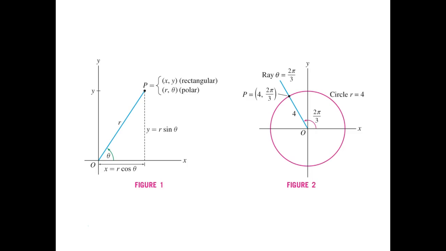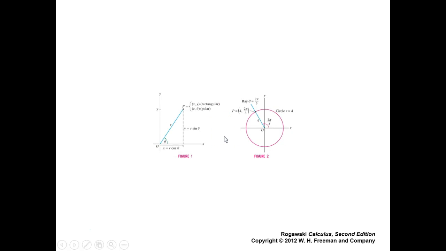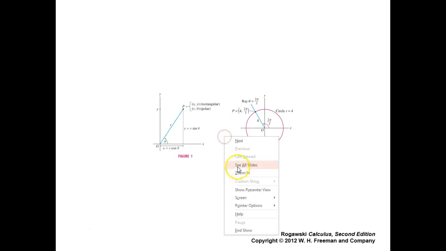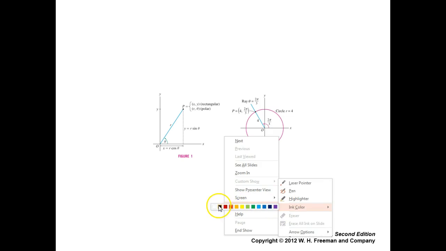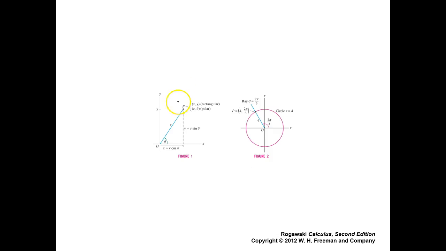What they didn't show here, and of course when I go to write, it's going to shrink the screen, but we understand that. Let me get my pen activated. So the other way: given x and y, r is equal to the square root of x squared plus y squared. Now how do we define theta in terms of x and y? You tell me.